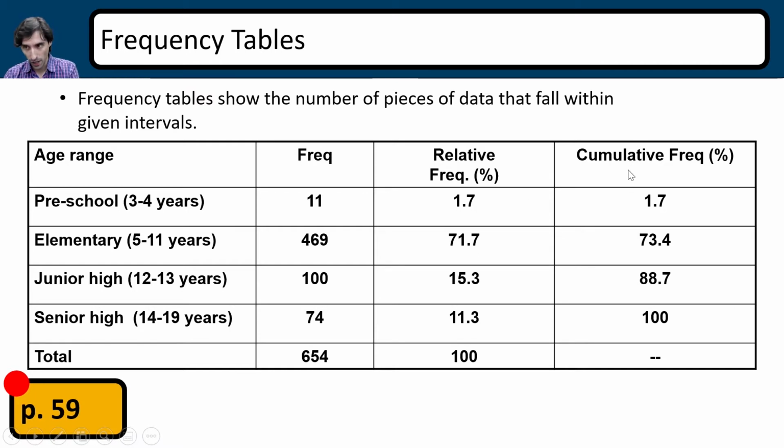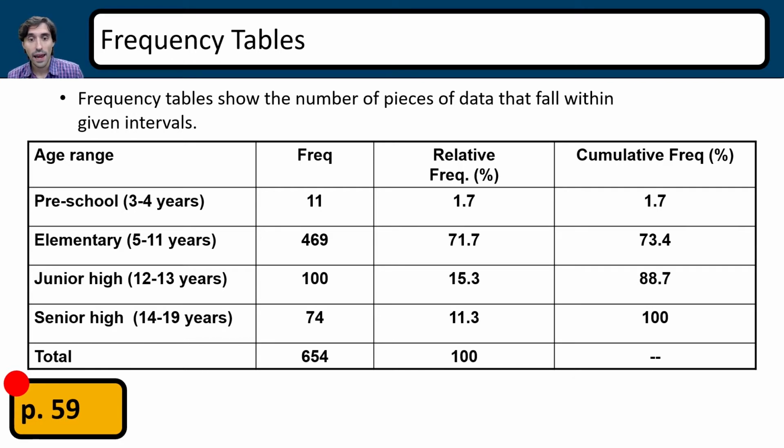Now, if you go to the very right column, we have the cumulative frequency. It's always good to put everything in order first, so that the cumulative frequency makes more sense. You can look at the sum total as you go to the higher age ranges. For instance, if you start with just preschoolers, the cumulative frequency is just 1.7, since you haven't added anything to the relative frequency.